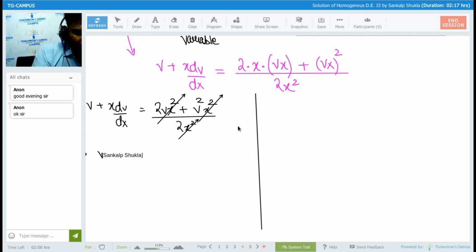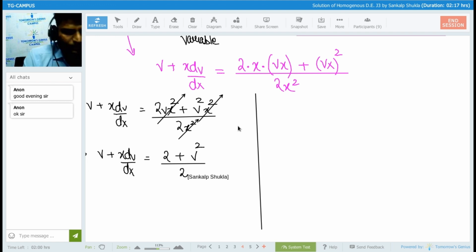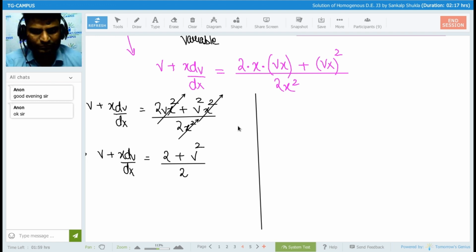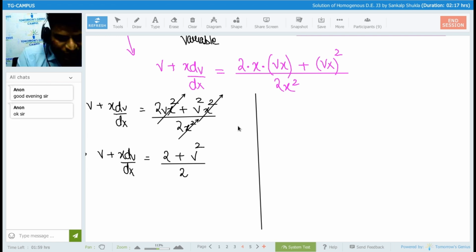So what are we left with? We are left with v plus x dv by dx is equal to (2v plus v square) upon 2. Now you can take v as common.